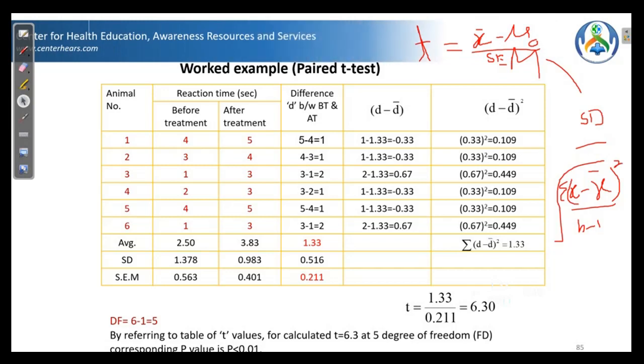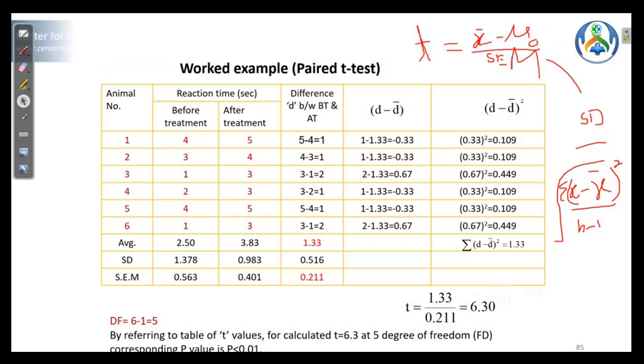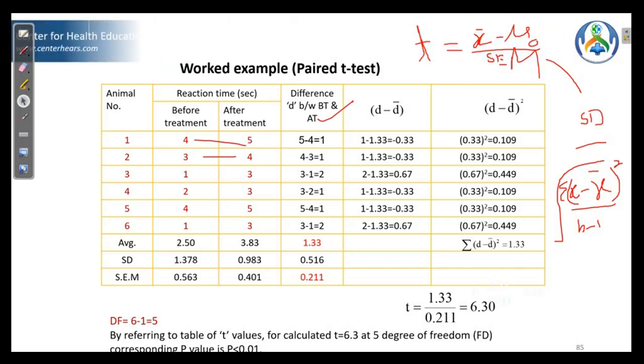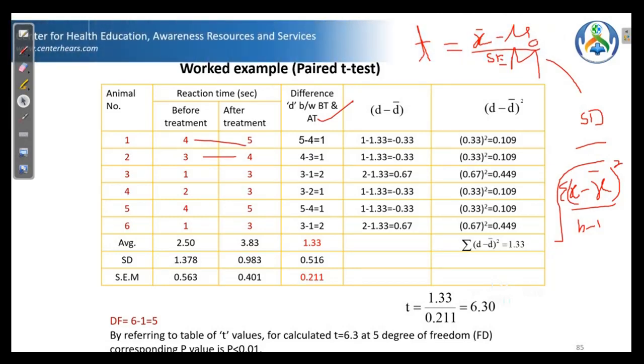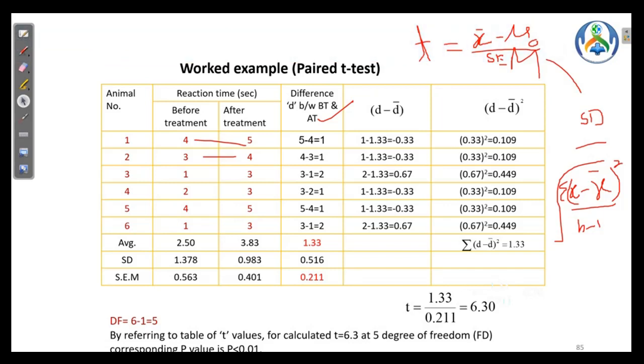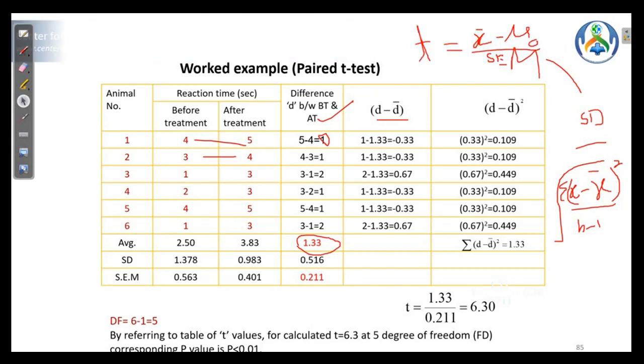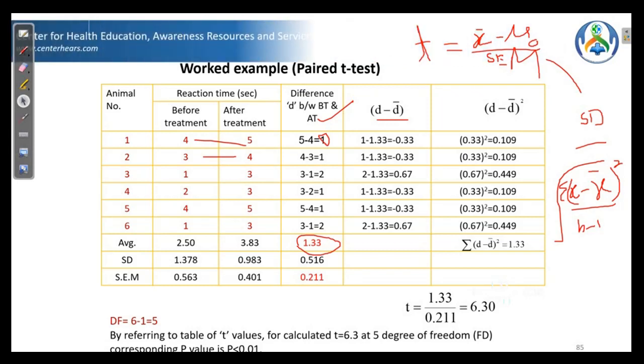To get this SD first, we'll find the difference. Here we'll find x minus x bar, meaning d minus d bar. D is 1, d bar is 1.33. So 1 minus 1.33, then 1 minus 1.33, 2 minus 1.33, like that.